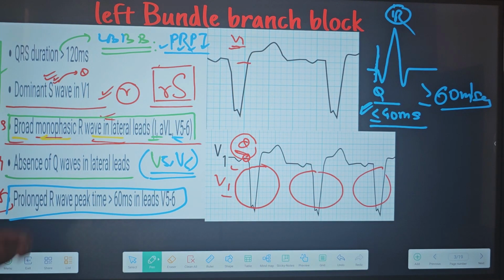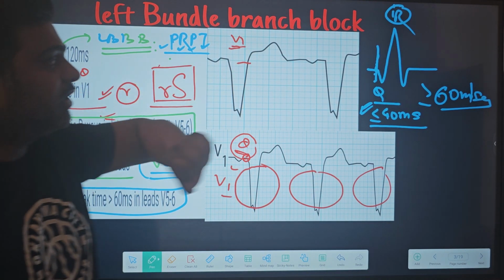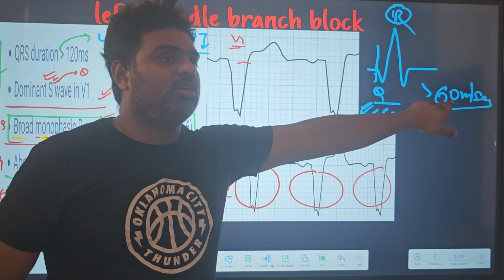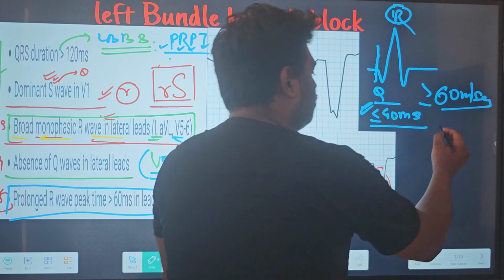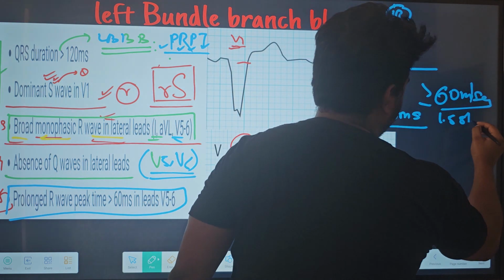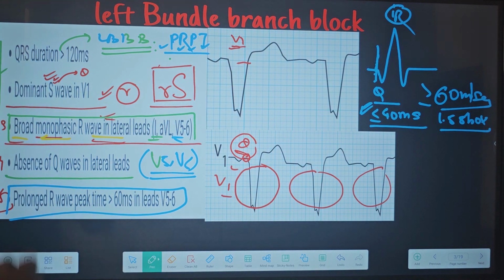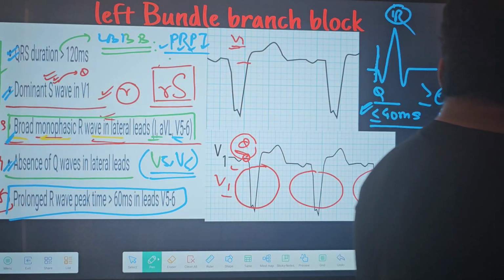That means from the starting of the Q wave till the peak of the R wave, the timing is 60 millisecond or more, which is equal to 1.5 small box. This finding may or may not be present, but if these four things are present, we will say that the patient is having left bundle branch block.